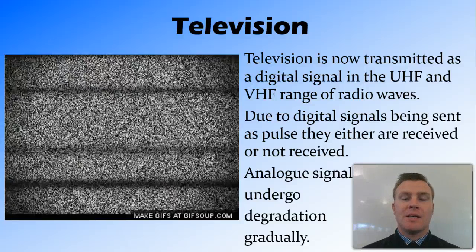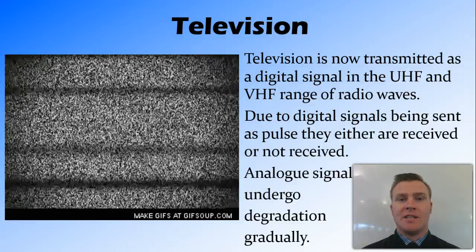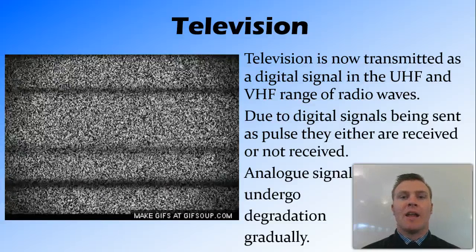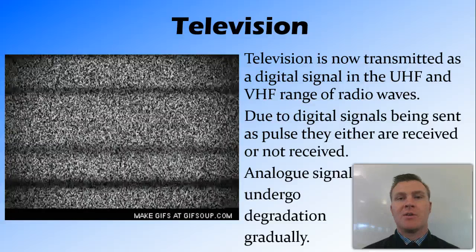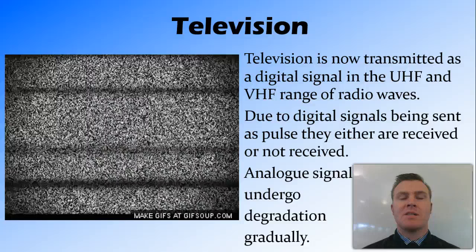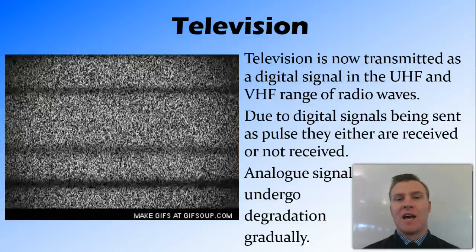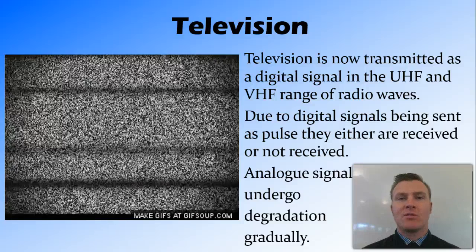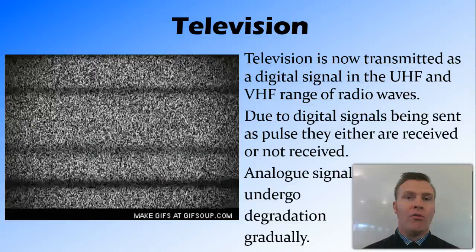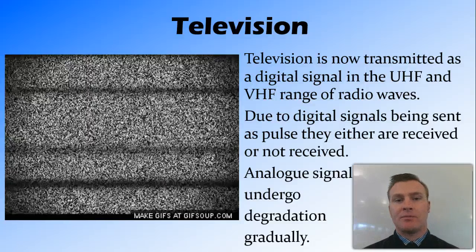Because digital transmission is pulses of on or off, it allows for more information to be transmitted, or more television channels, as well as the quality not undergoing degradation as much as an analog signal does. With a digital signal, as long as you can make out the pulses on or off, you'll be able to get a picture.